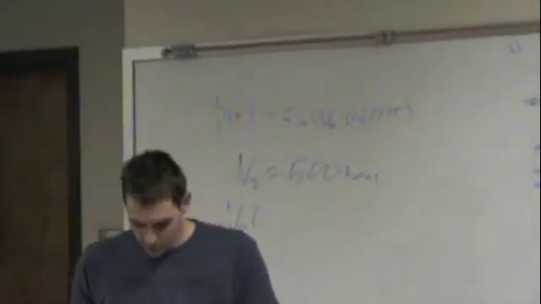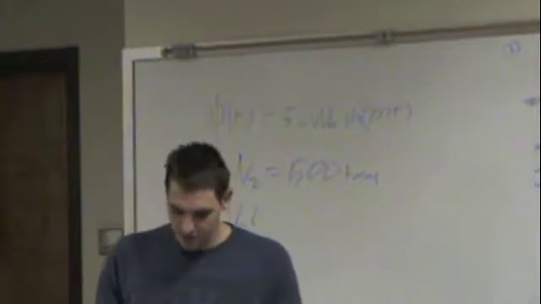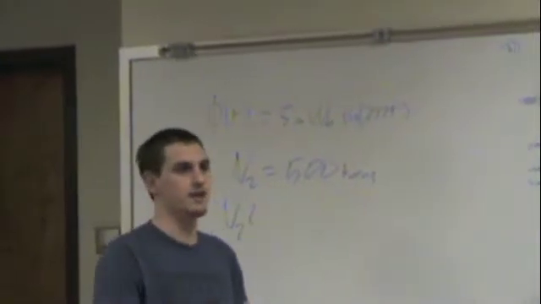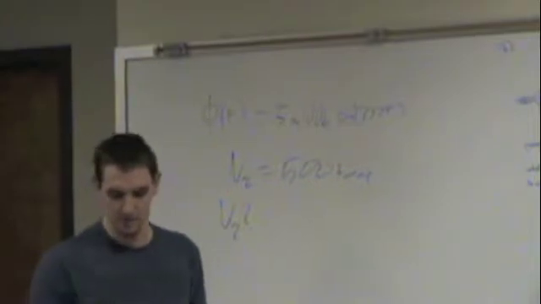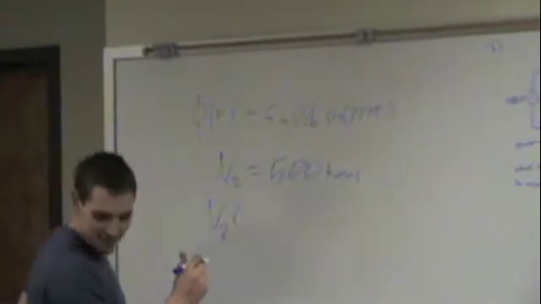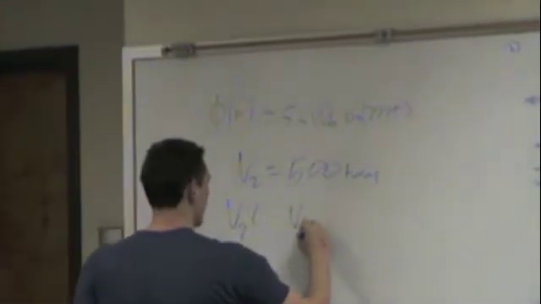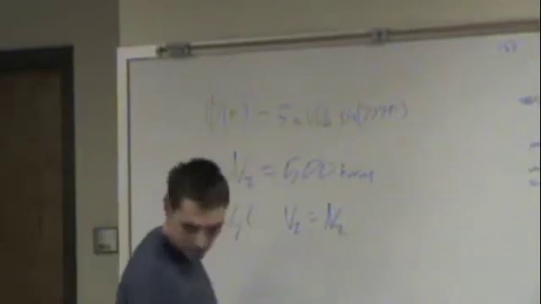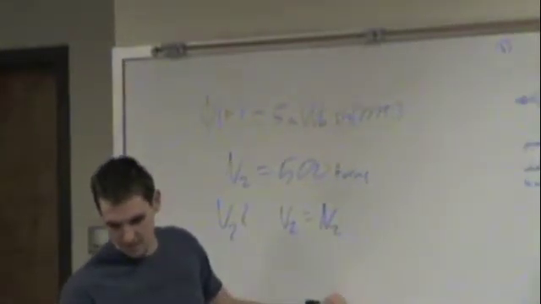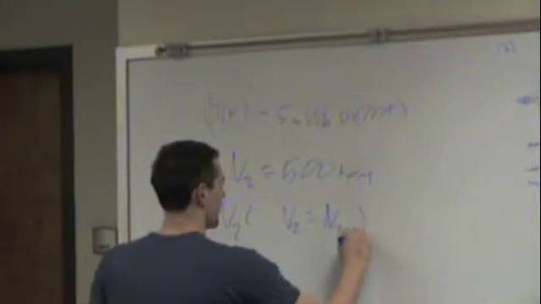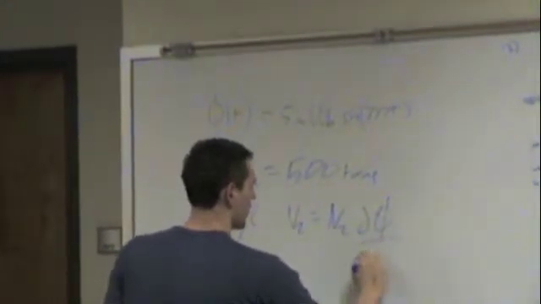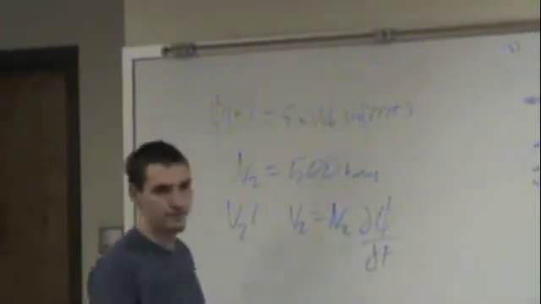The first thing we do is we go through Maxwell's equations and Faraday's law, which you guys just learned about in power electronics, about a week ago. V2 equals N2 times the derivative of the flux.